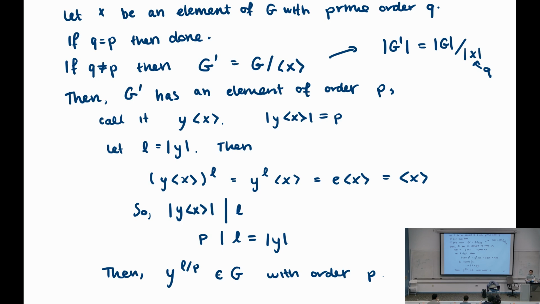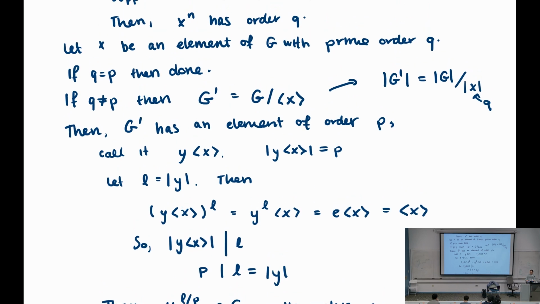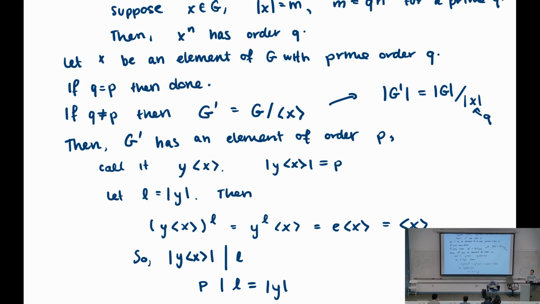Okay, so what was the relevance of it being abelian? We needed that this was a normal subgroup. And we know in an abelian group that every subgroup is normal, so that's where that hypothesis came in. But yeah, you could wonder in what other settings is something like this true. Other questions?